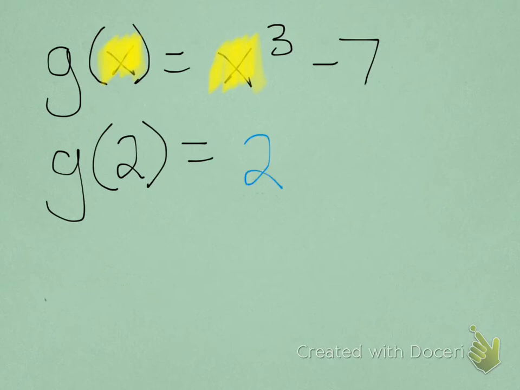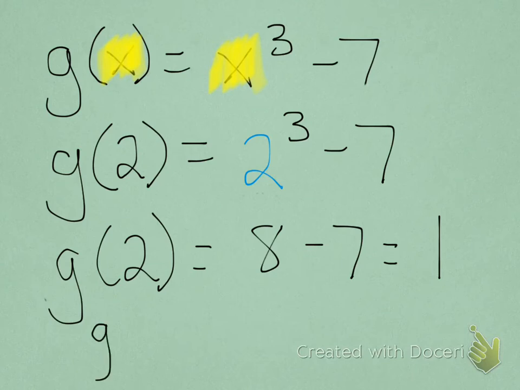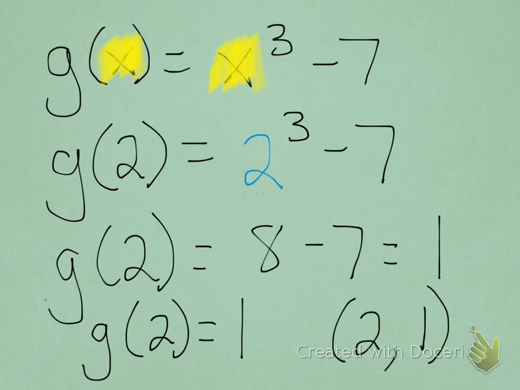So now we would get 2 to the third power minus 7. So a positive 2 to the third power is just simply 8, minus 7 equals positive 1. So the value of our function when x is 2 is 1. Or when x is positive 2, the value for y is positive 1.